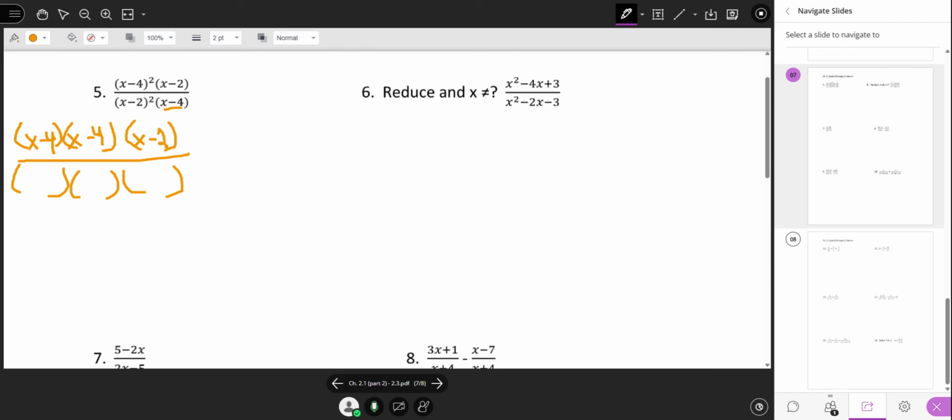Now, there's only one of those. Now, cancel the ones that are alike, because if I have 5 divided by 5, that reduces to 1.